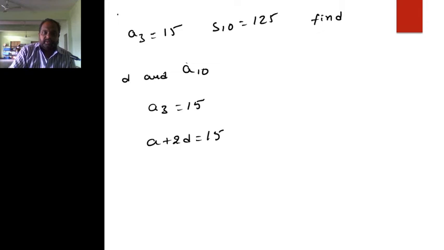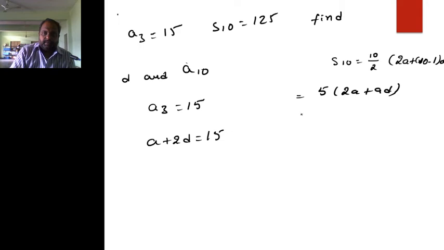Next, S10 is equal to 10 by 2 into (2A plus (n minus 1) into D), where n means 10. It is equal to 5 into (2A plus 9D).